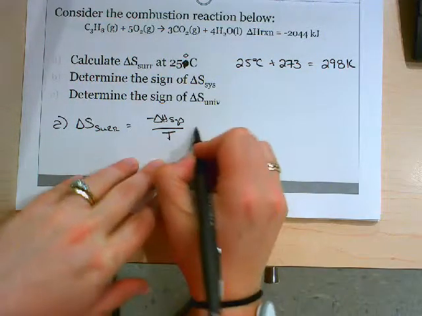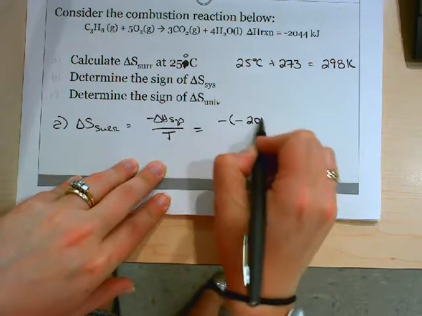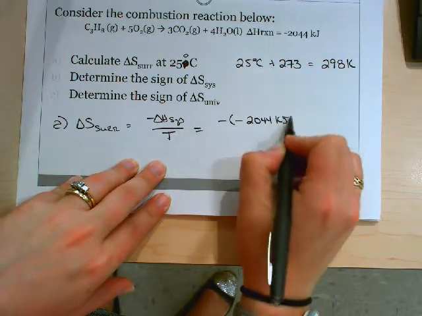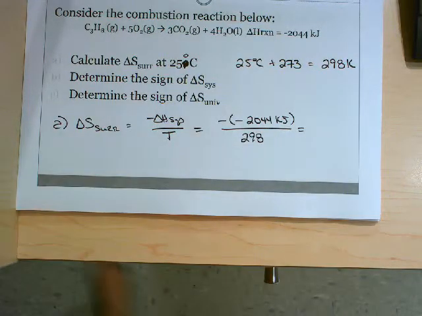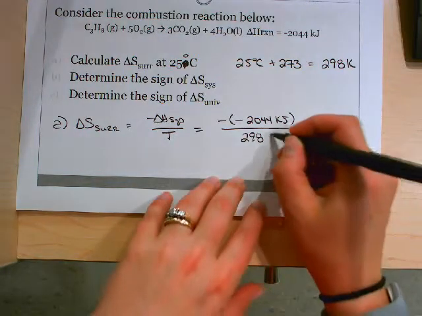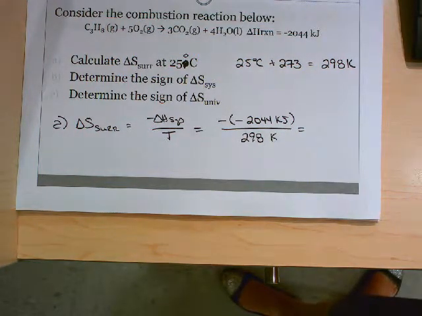So how do I convert 25 degrees Celsius to Kelvin? Okay, good. So now, delta H will always be in kilojoules. S depends. Usually in joules, but in this case we can leave it in kilojoules.